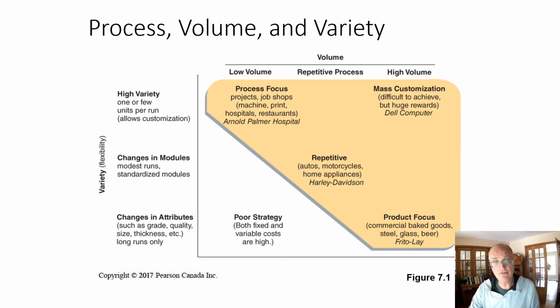Whereas if we have high variety and low volume, those are often called job shops, where we do individual things for different customers, in small volumes. It's a high degree of customization. If you think about a hospital, for example, we lay out processes in a hospital to say each patient that comes in is going to have different needs.